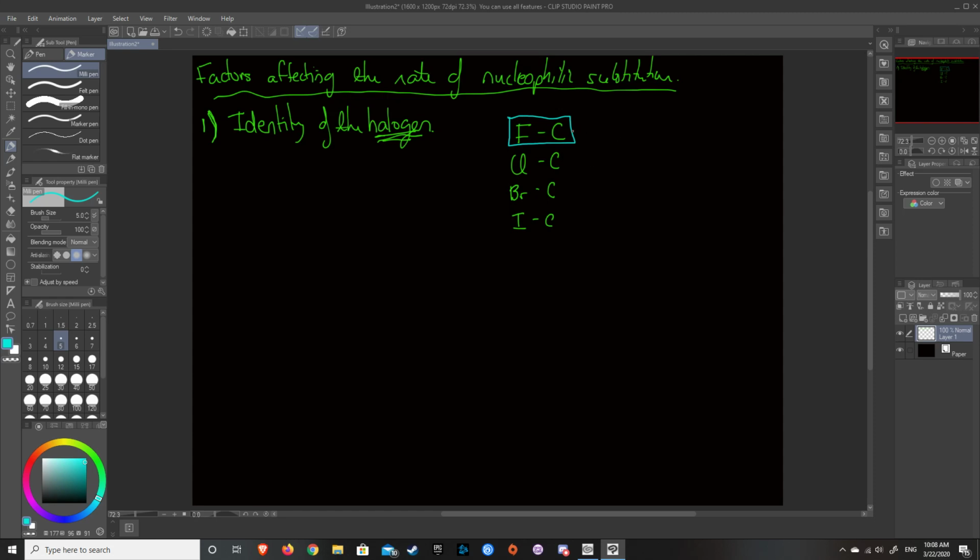So the most important thing to remember for this factor is that the carbon-fluorine bond strength is the greatest, the largest, compared to a carbon-chlorine, carbon-bromine, or carbon-iodine bond.